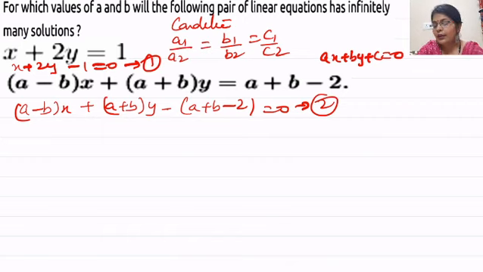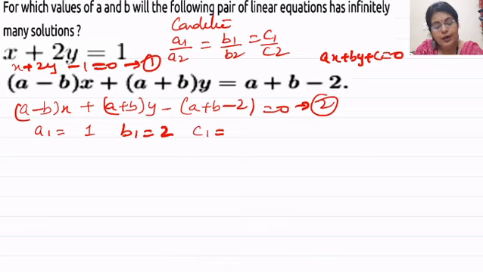If you get any problem, you can simply write down the values. Value of A1 is 1, then B1 is 2 and C1 is minus 1.